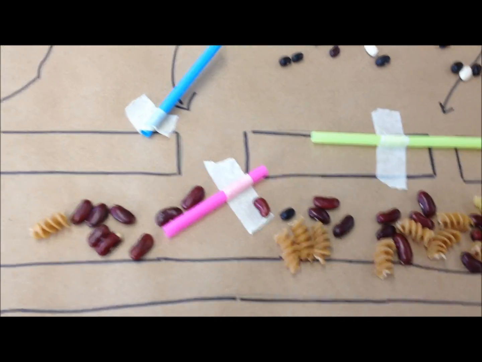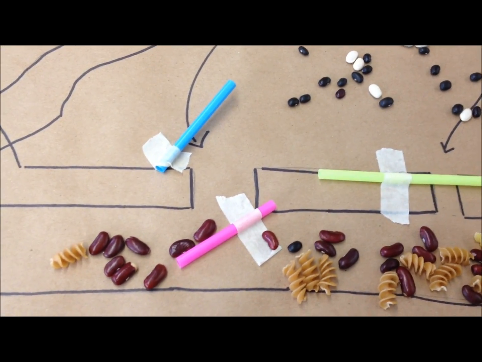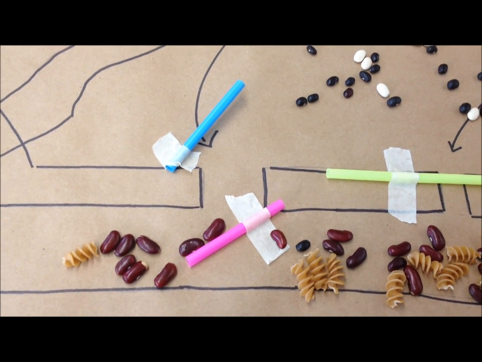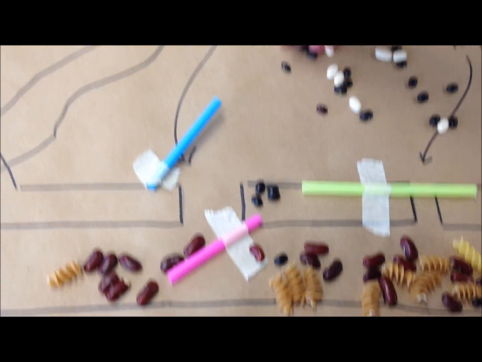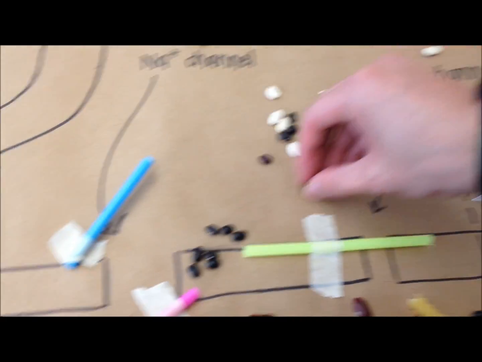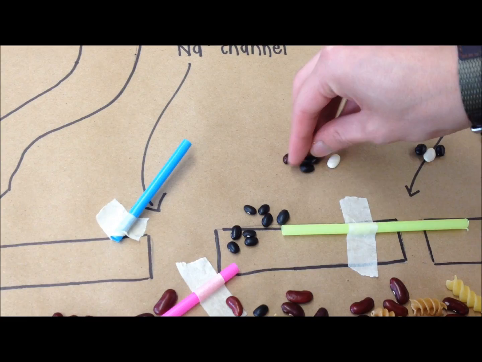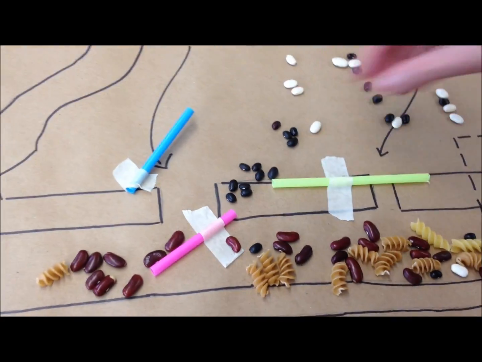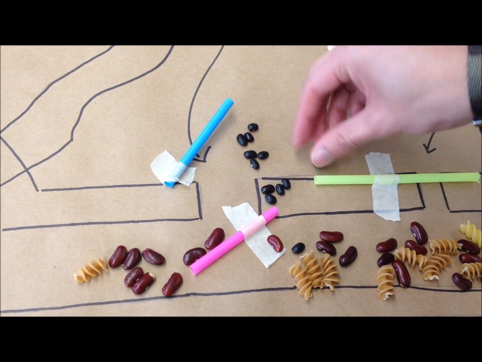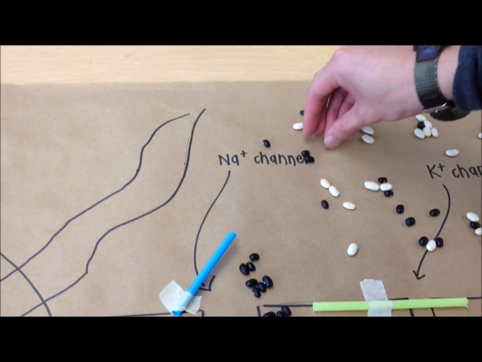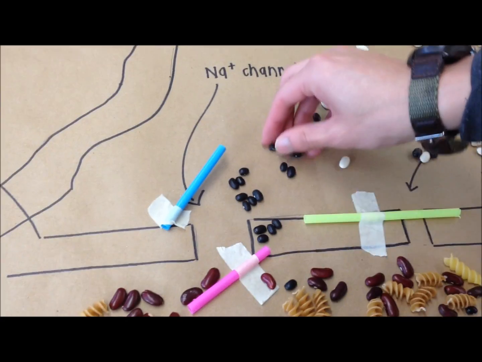Now the sodium channel is open, and sodium ions, which are the black beans, are going to diffuse across the membrane inside to help make it more positive inside the cell. It's just going to be depolarizing the cell. So 15 sodium ions are going to be going inside the cell. This is 10, 13, 14, 15.